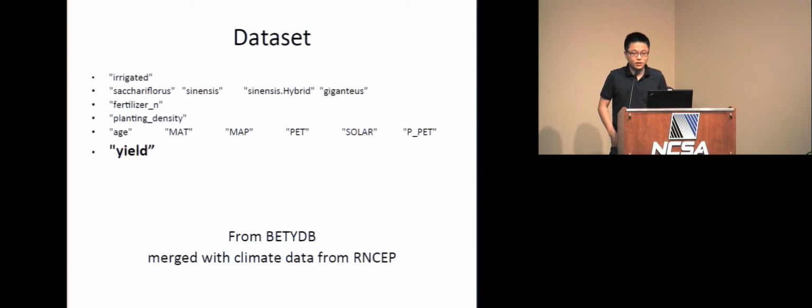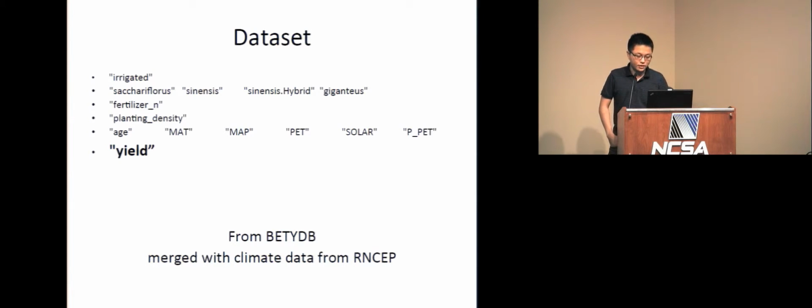So here's the dataset. The dataset is collected from the BettyDB, as my teammates Chen and Yilin will introduce. Chen will describe the BettyDB data entry, and Yilin will introduce the API stuff. The data was from BettyDB, and we got longitudes and latitudes, and those are merged with climate data from a package called RNCEP.